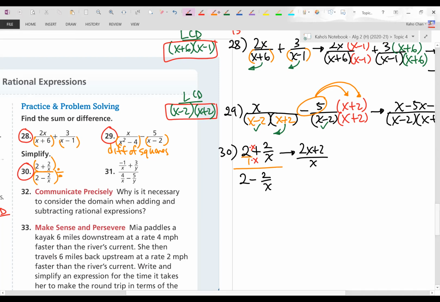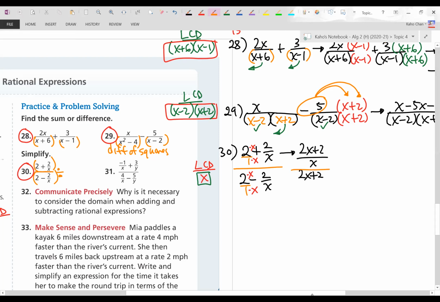Same kind of a deal. Make that into a fraction. Its LCD is also x. So let's make a note of that. LCD for both of them happens to be x. So I got to patch that one up too by multiplying top and bottom by x right there. This gives me on top 2x plus 2.